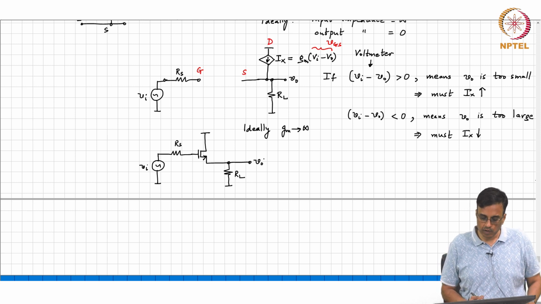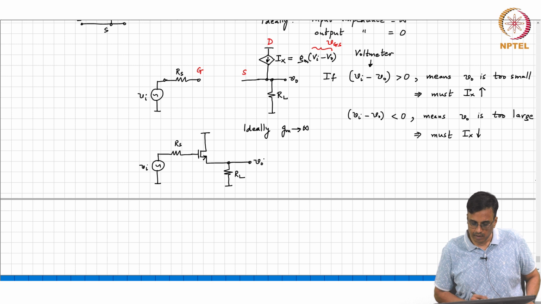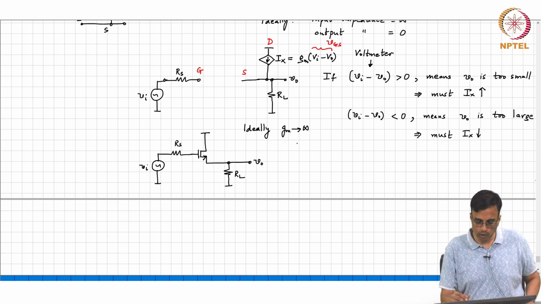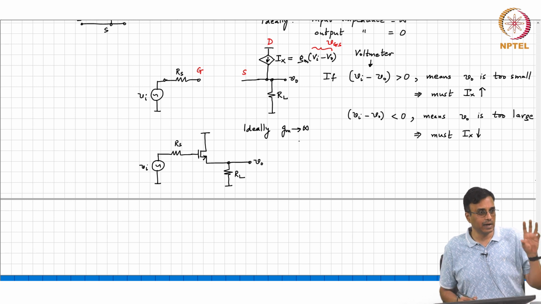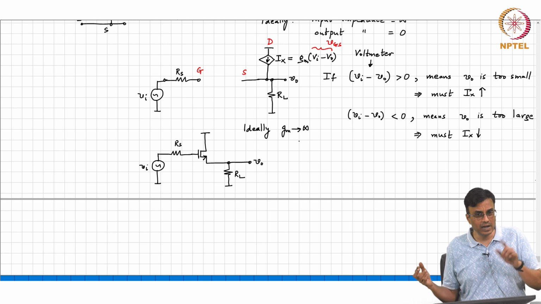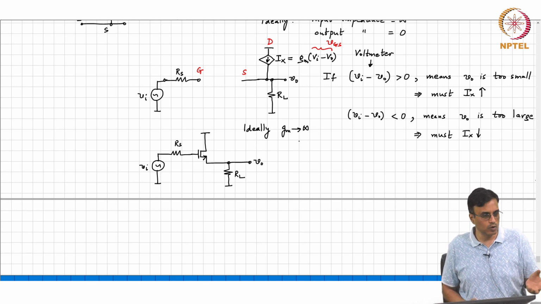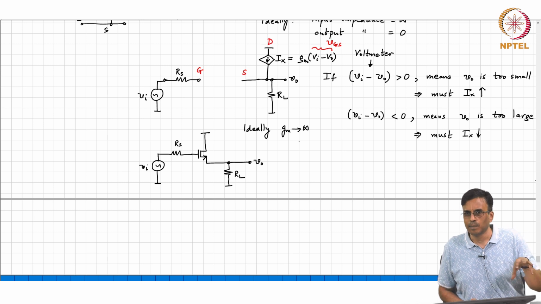Okay, let us tabulate the properties of the voltage controlled current source. This is the incremental picture. Let me reiterate that it does not mean that you take a transistor, connect it up like this and magically you will get VO equal to VI. This only works when the transistor is operating in the saturation region. So for that you have to appropriately bias the transistor.